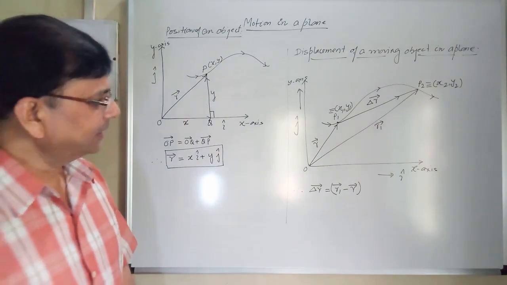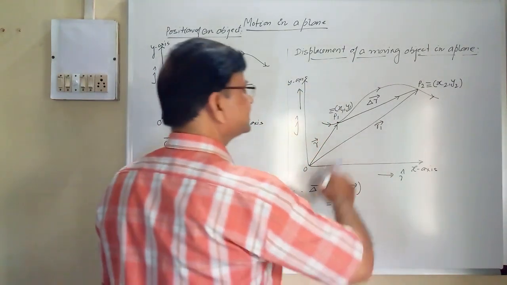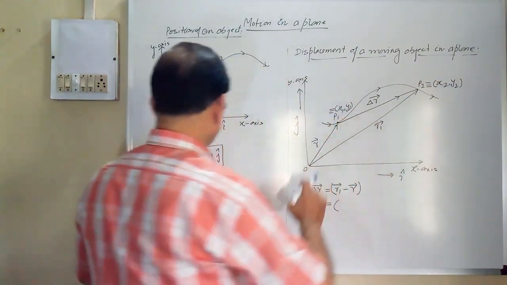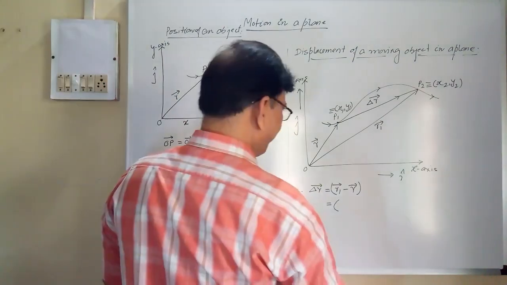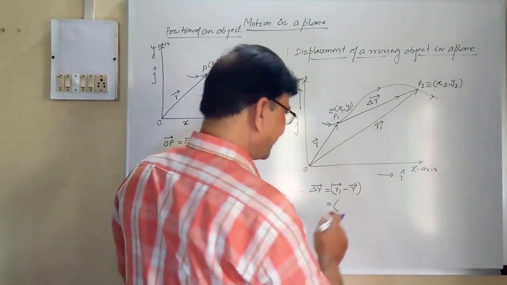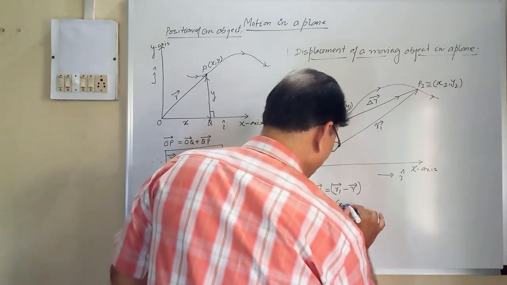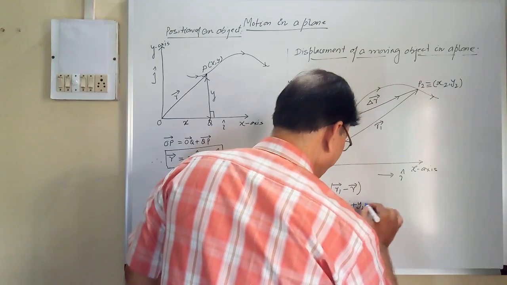R1 minus r. So what is R1? R1 is, according to this rule of how to write the position vector, x2 i plus y2 j.